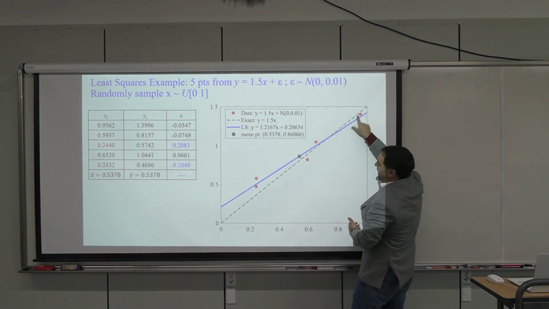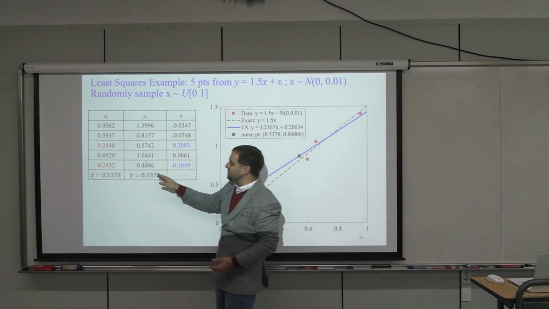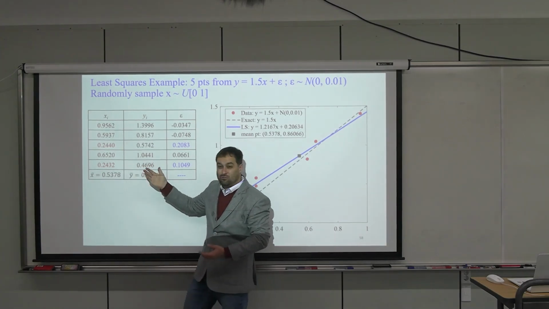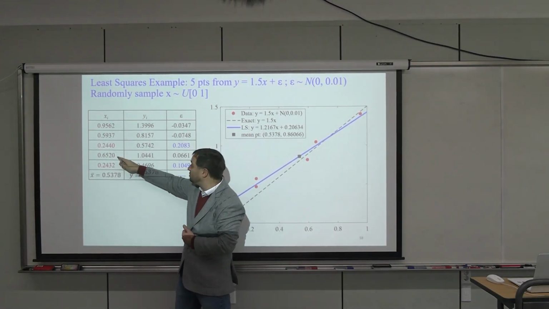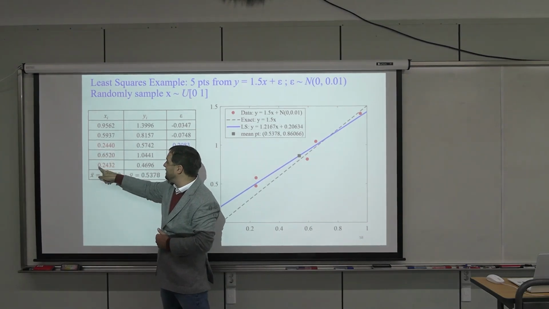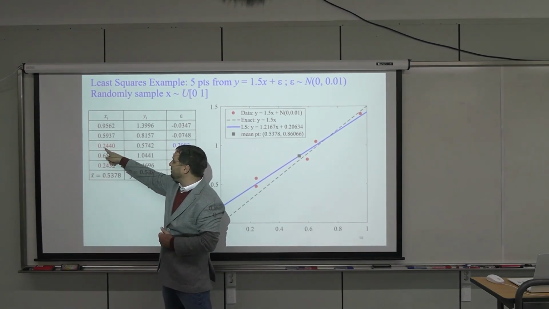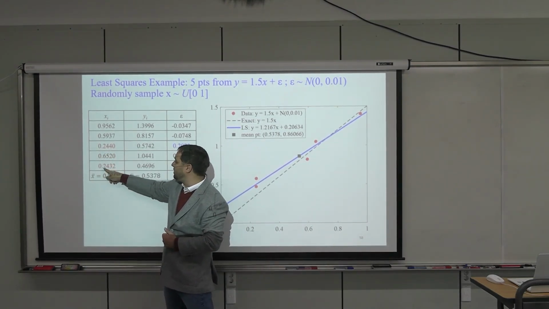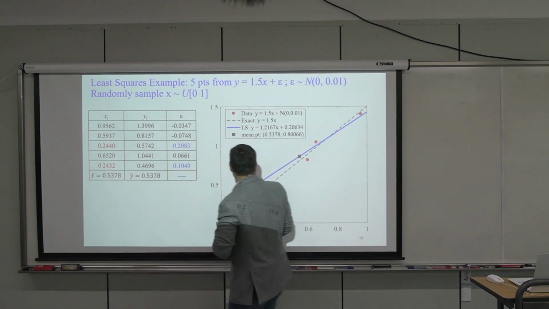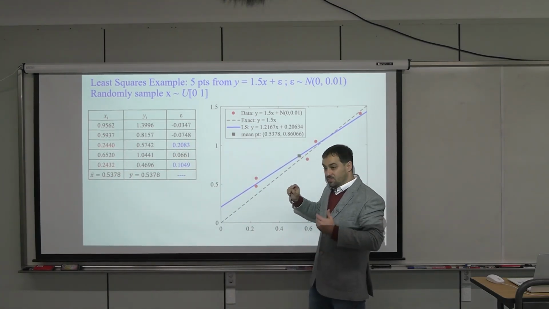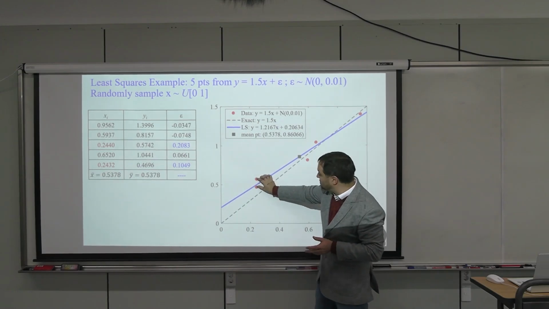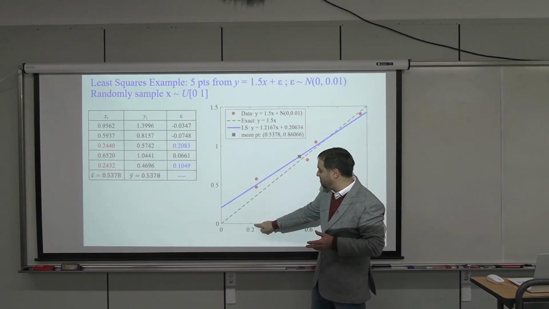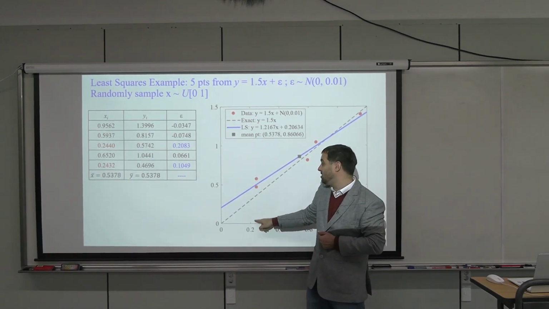But if we look at the actual data set, remember we did random sampling of x between 0 and 1 following a uniform distribution. Look at data points 3 and 5: 0.2440 and 0.2432. In this particular example, these 2 data points have basically almost the same predictor value.